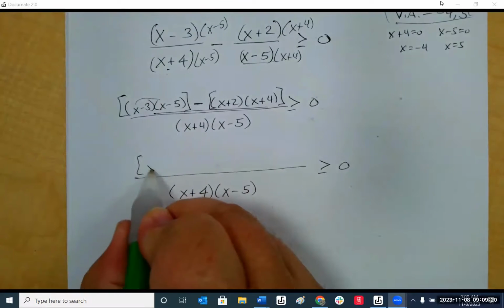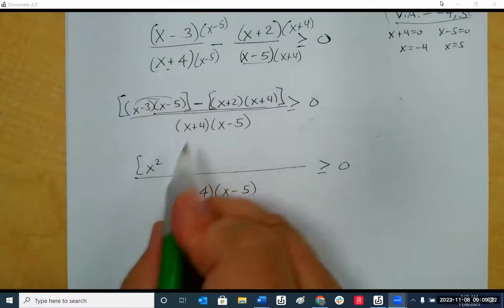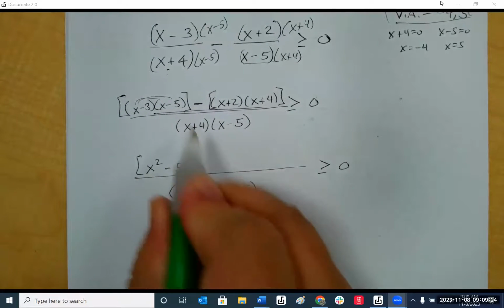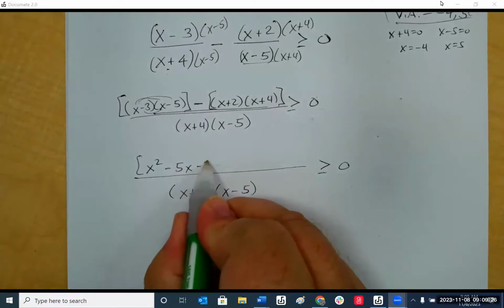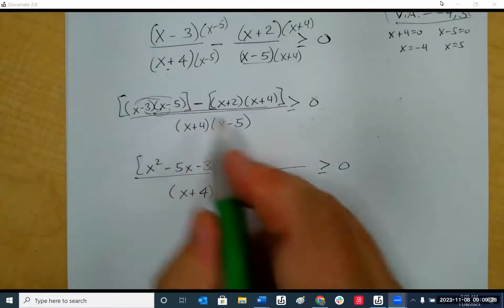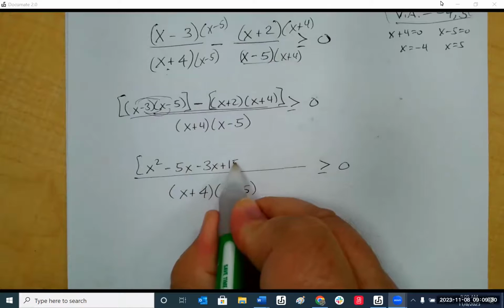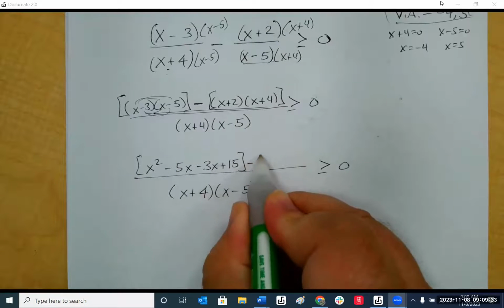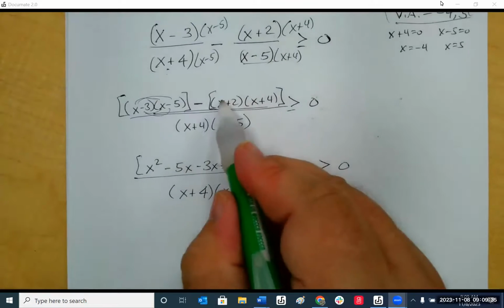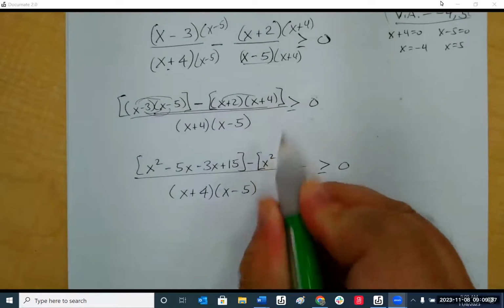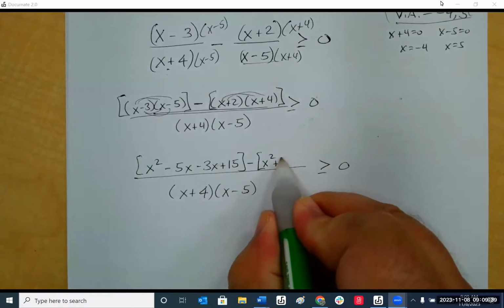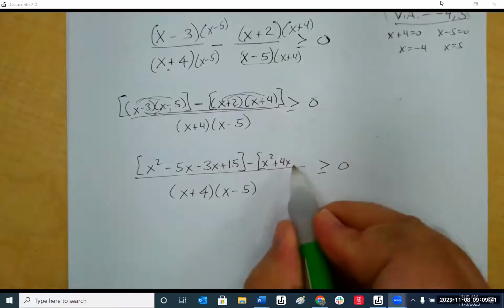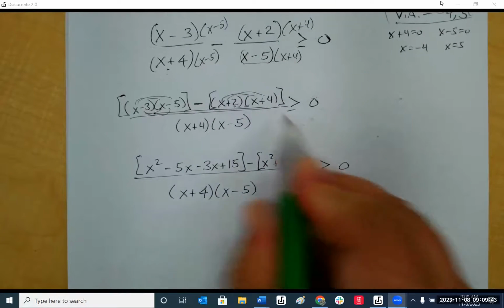X times x is x squared. Negative 5x. Negative 3x. Positive 15. X squared. Plus 4x. Plus 2x.